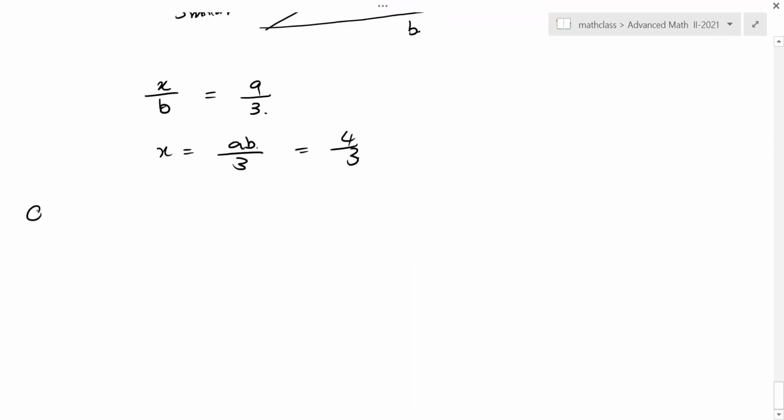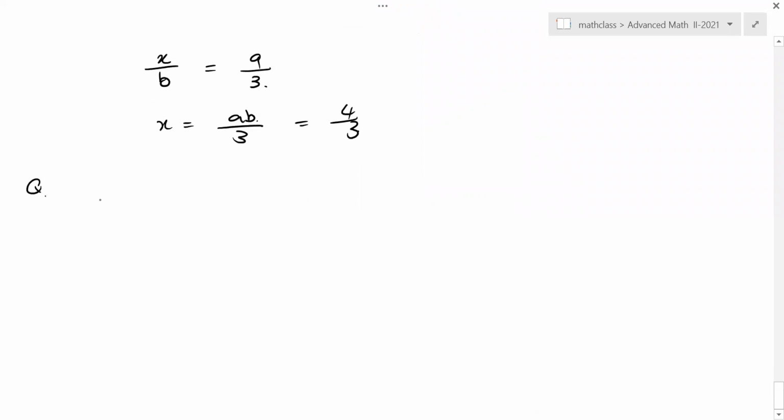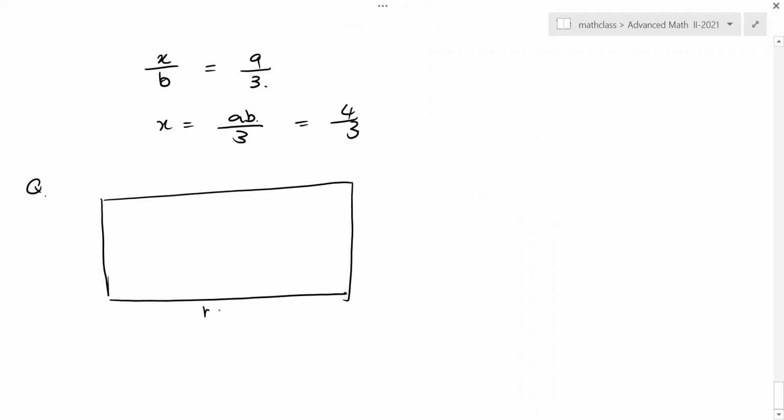All right, great. So here's another problem. This is a rectangle again, and then I draw the triangle.